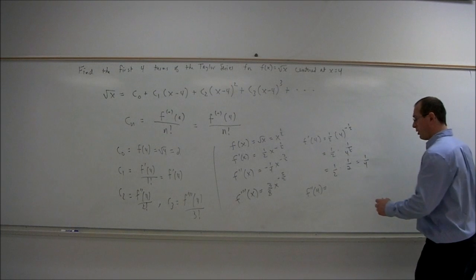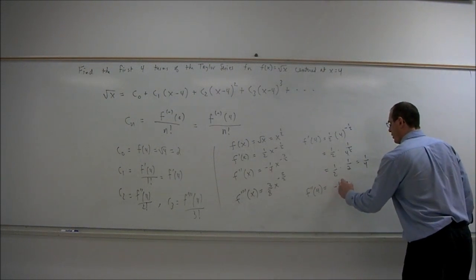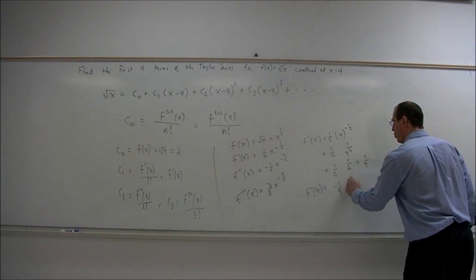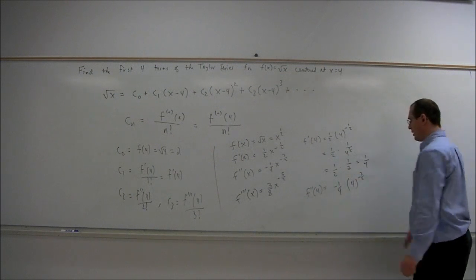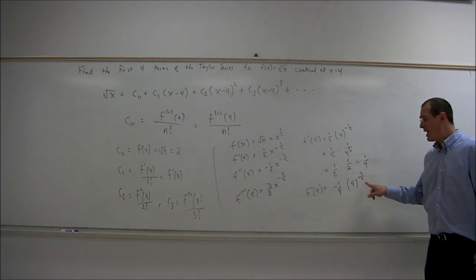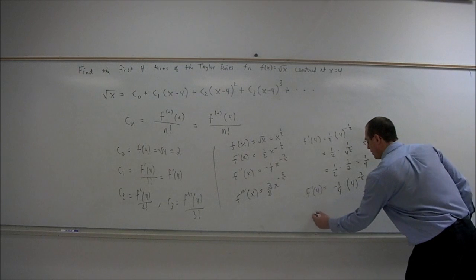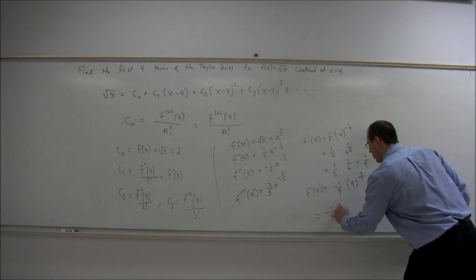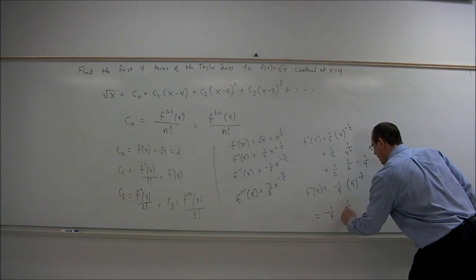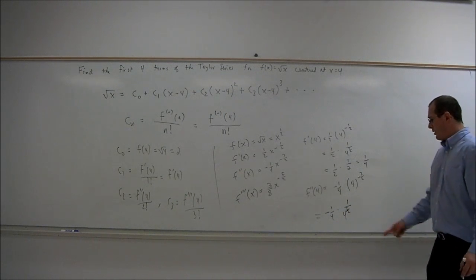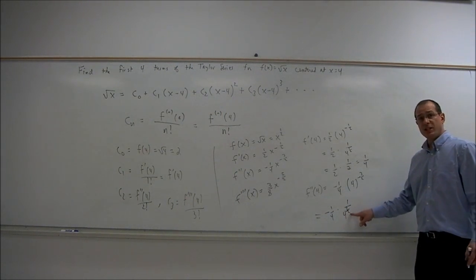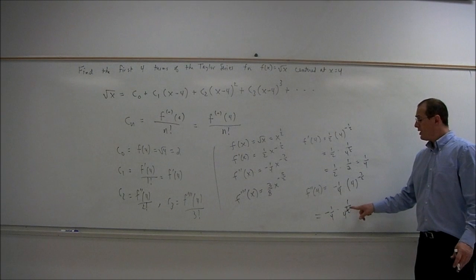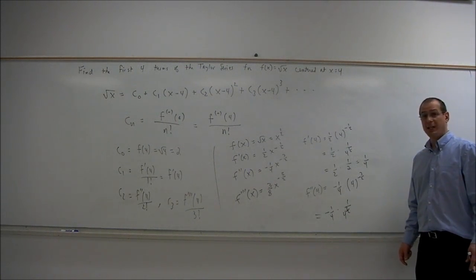So f double prime of 4 is negative 1/4 times 4 to the power negative 3/2. So now we have to figure out 4 to the power negative 3/2. So this is equal to negative 1/4 times 1 over 4 to the power positive 3/2. And 4 to the 3/2 means take the square root of 4, which is 2, and then cube it, and that makes 8.